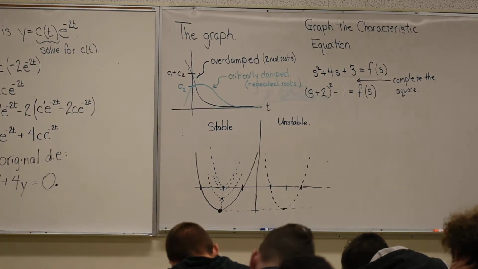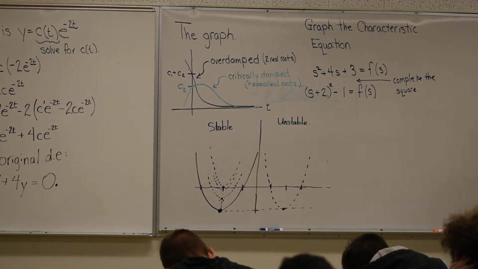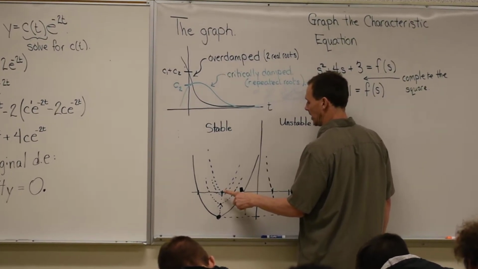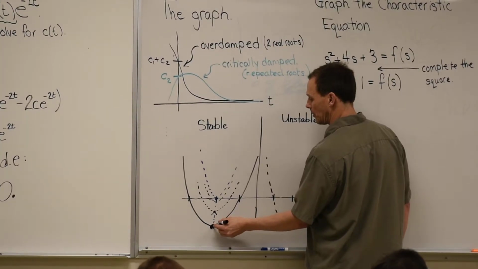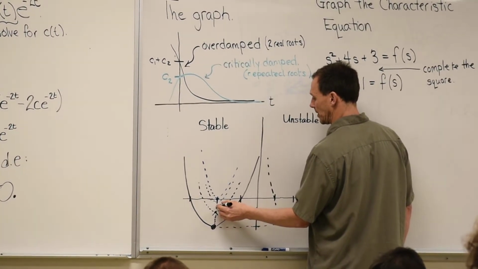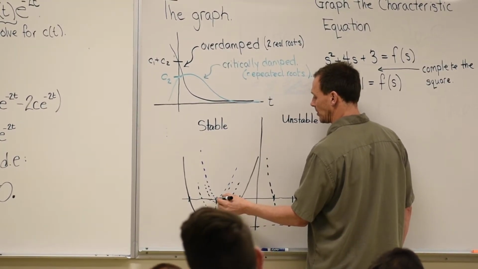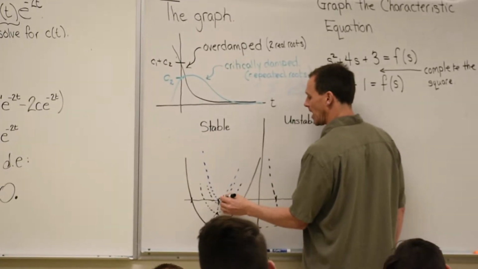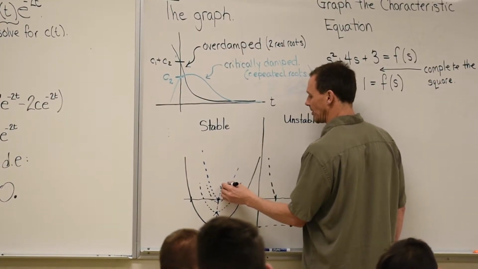All right, let's do one more. One more says, wait a minute, we moved up. We started out with two real roots. We moved it up, they were still real. We moved it up again, they were still real. We moved it up until we had a repeated root. What happens if I was to continue my solution upward?